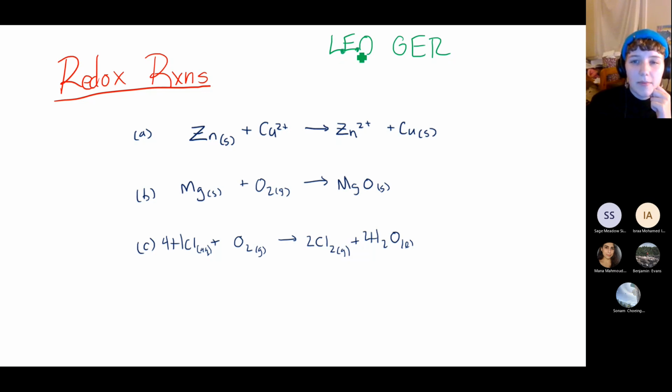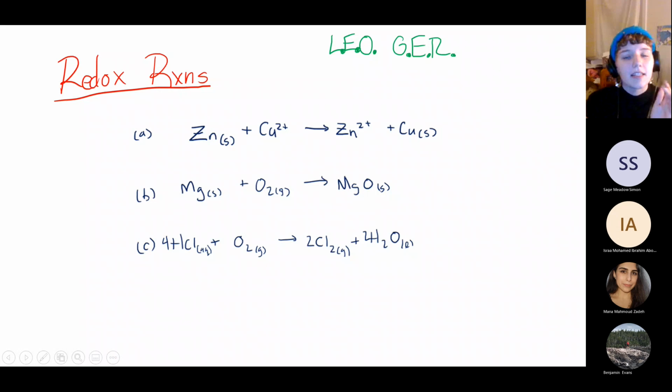So that's all you have to remember to distinguish between finding what is oxidizing and what is reducing. You probably already have that memorized. But for an example, let's look at this.